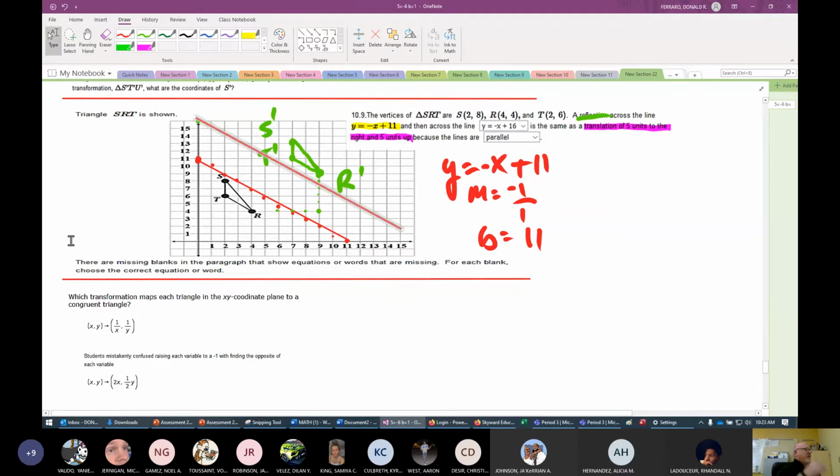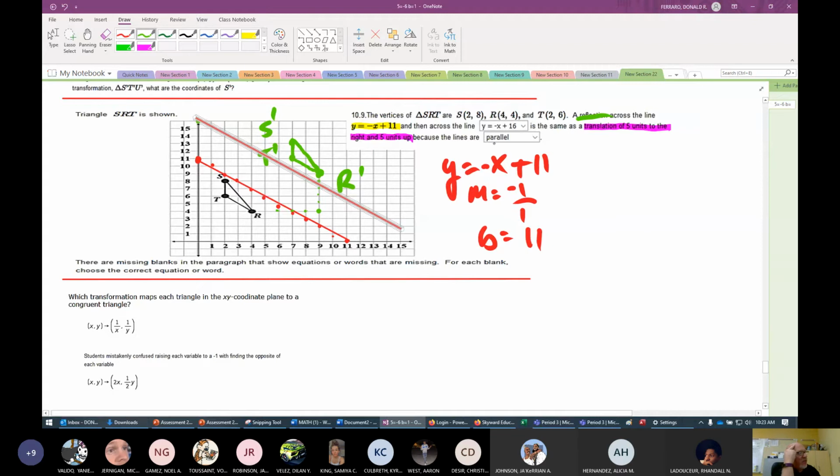So what would happen is this would reflect over and then it would reflect again. So the answer here is y equals negative x plus 16.